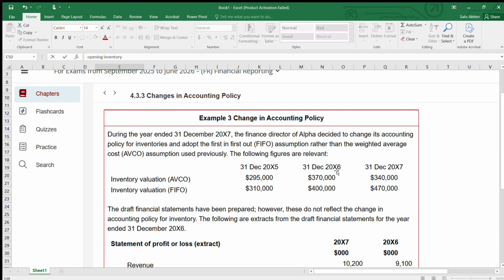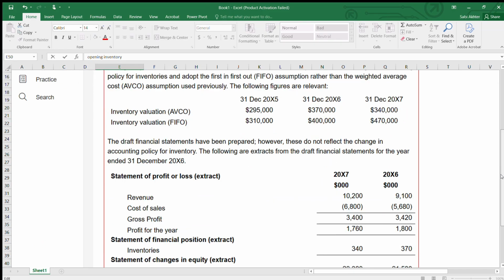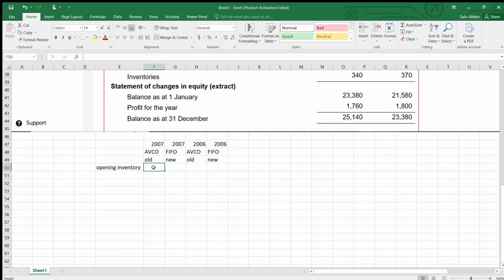So my opening inventory for 2007 based on LIFO is 370 and 340 is the closing balance. So here it is 370 opening balance and closing inventory 340.